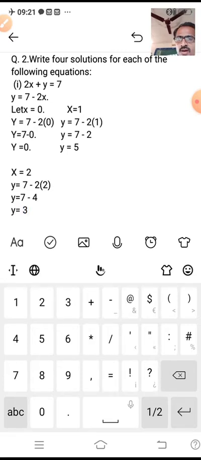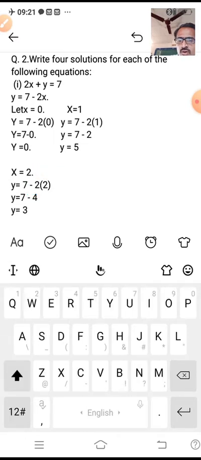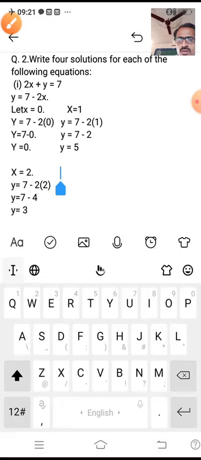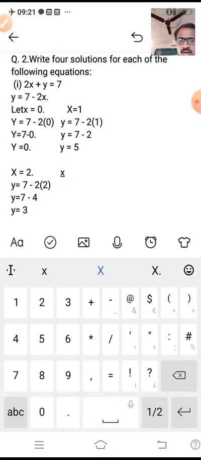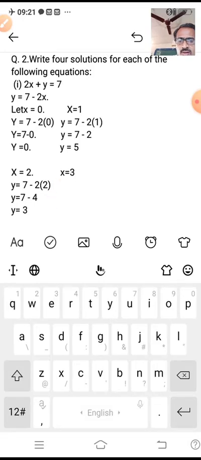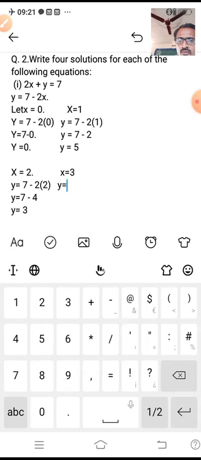Now let us take one more value because we want 4 solutions. First we took x equals 0, then 1, then 2. Now we'll take x equals 3. If I take x equals 3, then we'll have y equals 7 minus 2, and instead of x what are we going to write? 3.